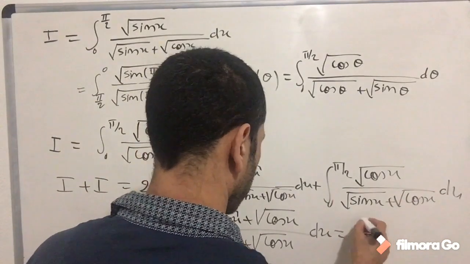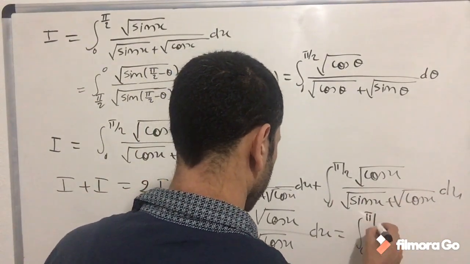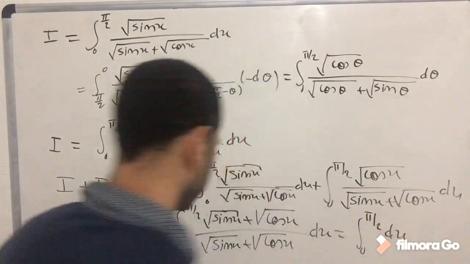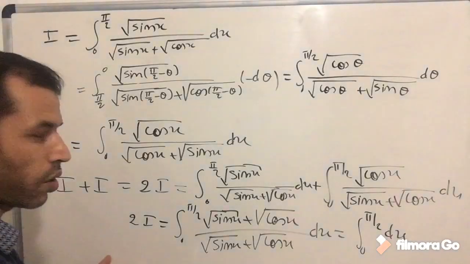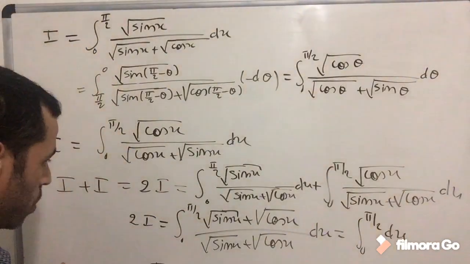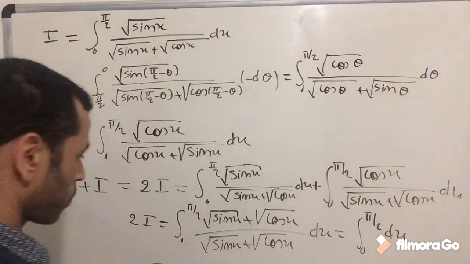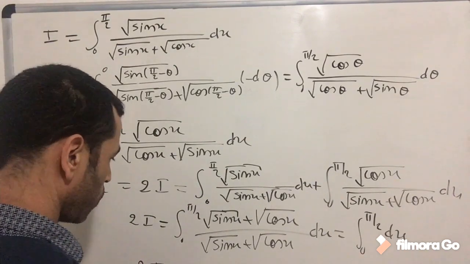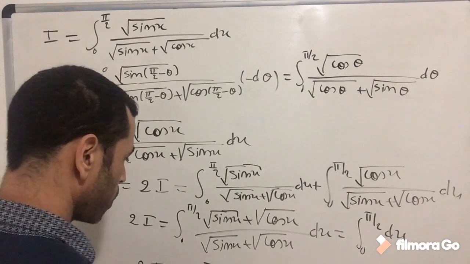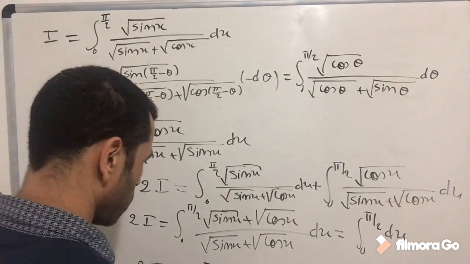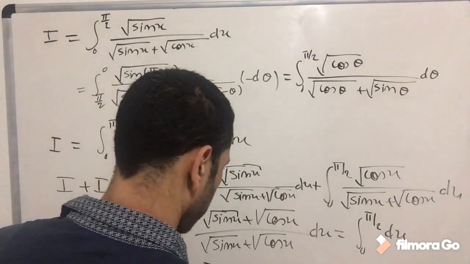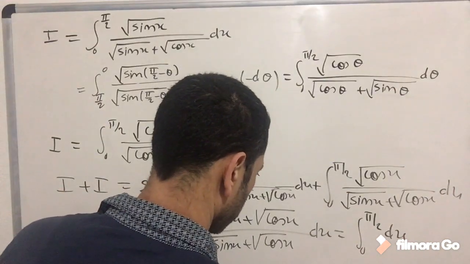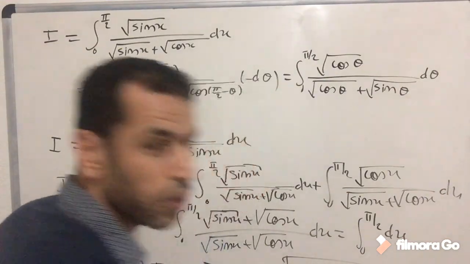So our integral becomes the integral from 0 to pi over 2 of dx. So 2I equals pi over 2 minus 0, which means I equals pi over 4. This is the value of this integral.